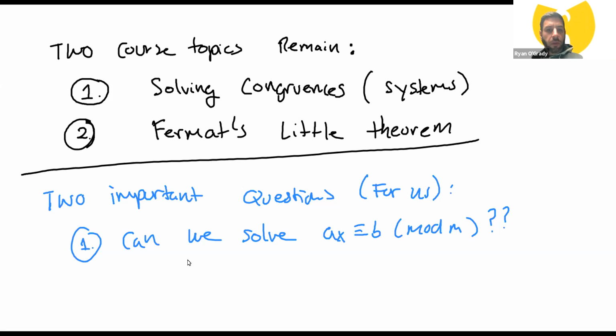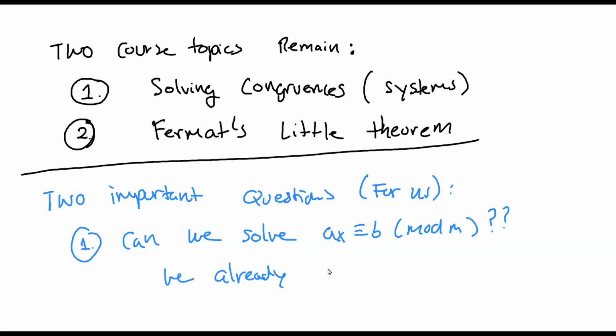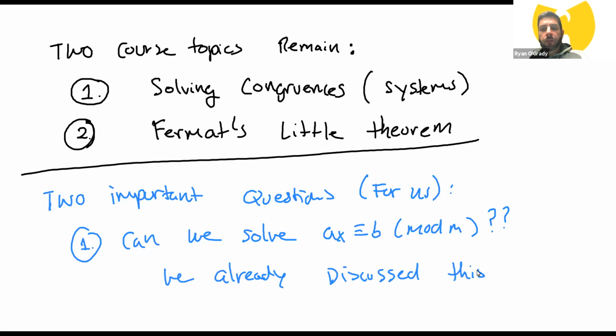Can we solve this? And we already discussed this. We know that it has a unique solution when there's this property between A, B, and the modulus, and we talked about inverses, and hopefully you've worked on that, or at least read about it and given it some thought.